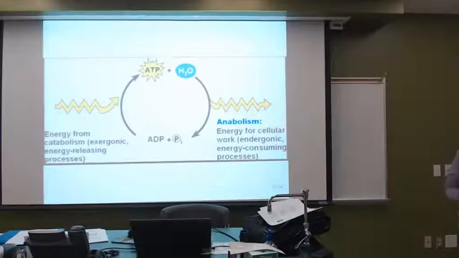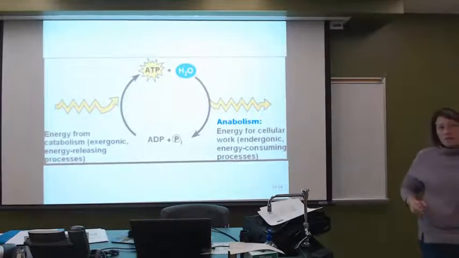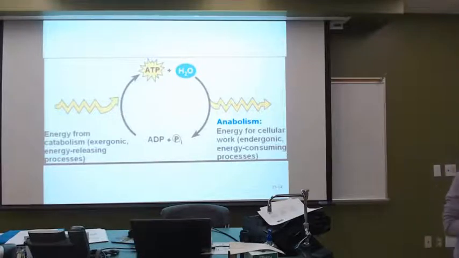So now, if we look at this picture, if we think about foodstuffs that we have taken in, unless it is a single glucose molecule, the body has got to break those foodstuffs down.